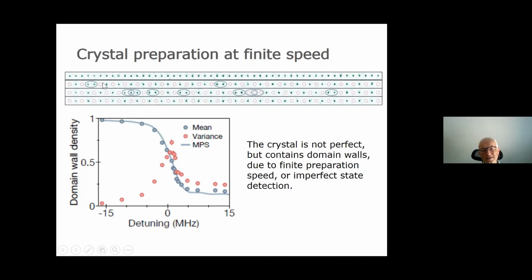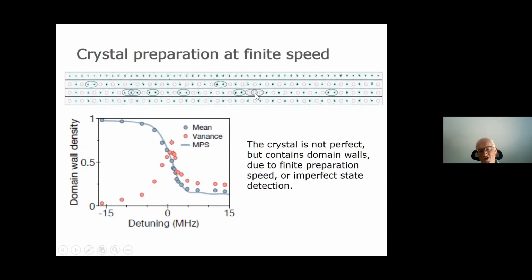Here red circles indicate Rydberg states, and the green dots indicate ground state. So we find more often these errors where an atom should have been excited to the Rydberg state, but it wasn't. Every once in a while we find two excited Rydberg atoms, but that's much rarer because there's a large energy cost associated with it.